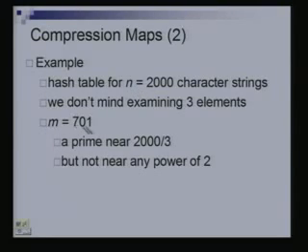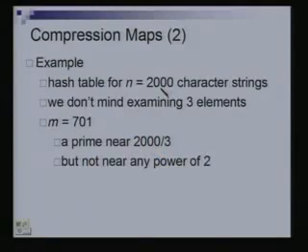I will try to pick the size of my hash table, let us say, at 701, which is a prime number. This will ensure that if things went well, then on an average I would see only 3 strings per location. 701 into 3 is roughly 2000. In my chaining, the linked list would be of length only roughly 3.